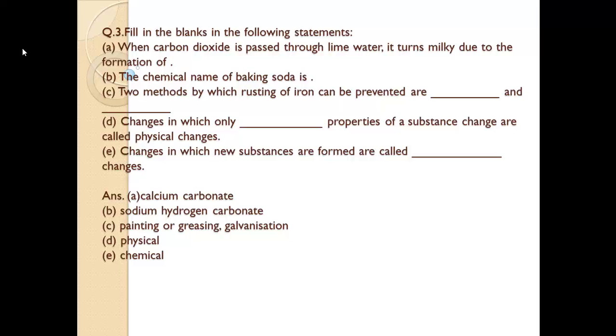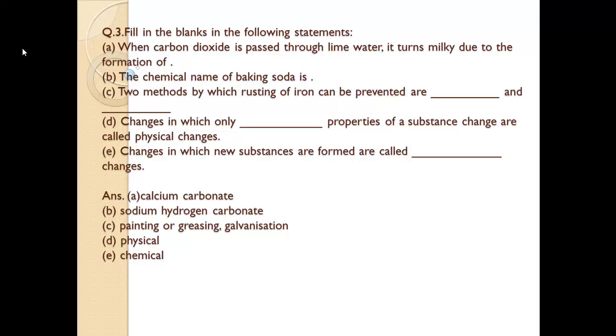Two methods by which rusting of iron can be prevented are. We can write any two methods. We have learned a lot of methods like painting or greasing, then galvanization, chrome plating or making stainless steel, etc. are the methods to prevent rusting. You can write any two of them.